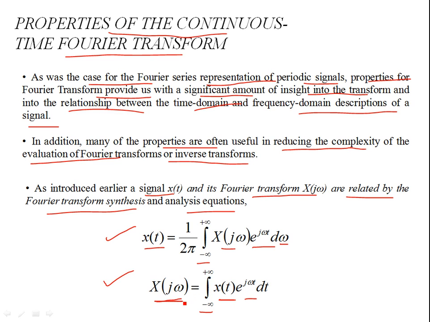So what is X(jω)? Well, X(jω) itself gives the Fourier coefficients. If you plot X(jω), the magnitude and the phase parts of that, you'll see how much contribution each Fourier coefficient is making into the signal.